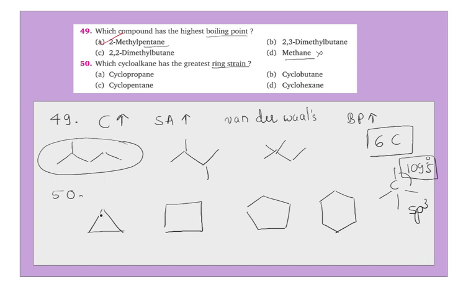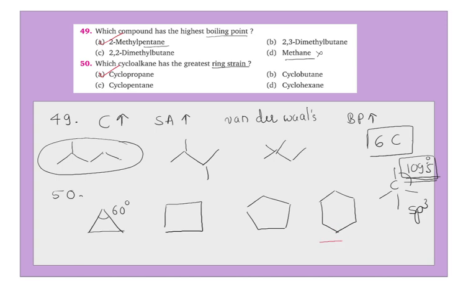For a cyclopropane, which looks like a triangle, the bond angle is 60 degrees, which is highly deviated from 109.5 degrees. More the deviation, more will be the ring strain. Therefore, the right option here is cyclopropane.